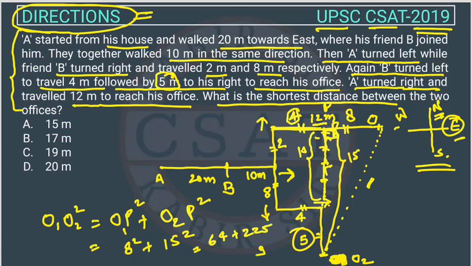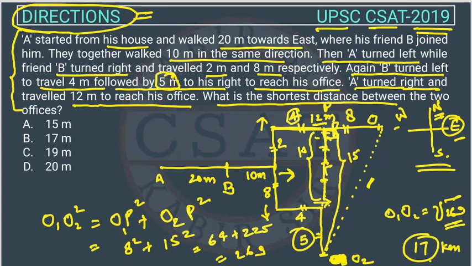So this is 289, right? So O1O2 will be square root of 289. So this is the square of 17, right? So the answer will be 17. So the answer is option B, 17, right? Okay, so 17 is the answer.